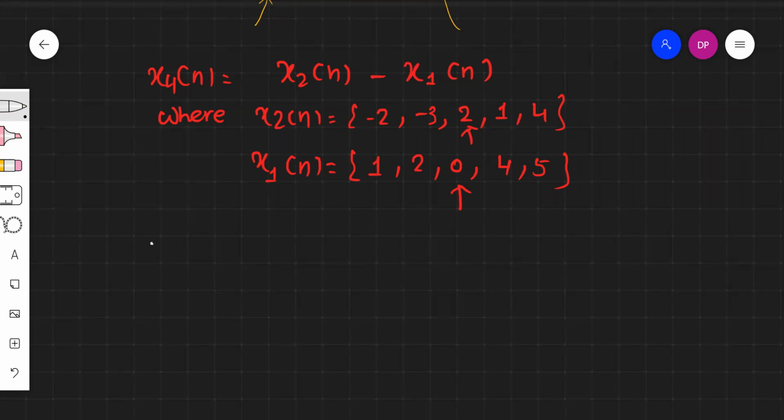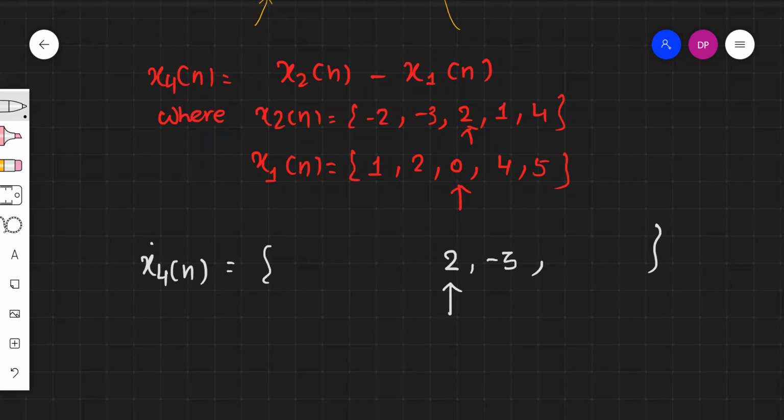Without drawing a figure also, we can do it. That is one way of doing it, or you can visualize and do it. If I am interested in writing x4 of n, first write the zeroth index. At the zeroth index, this is 2, this is 0. We are subtracting x1 of n from x2 of n, so this is 2 minus 0, that is 2. The first index is 1 minus 4, that is minus 3.